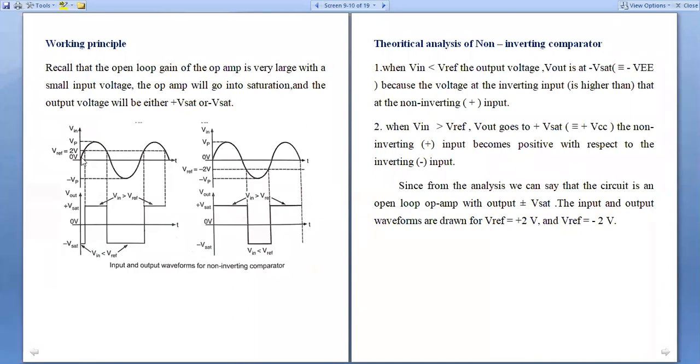Here we can see a negative saturation, that is called the negative saturation voltage.